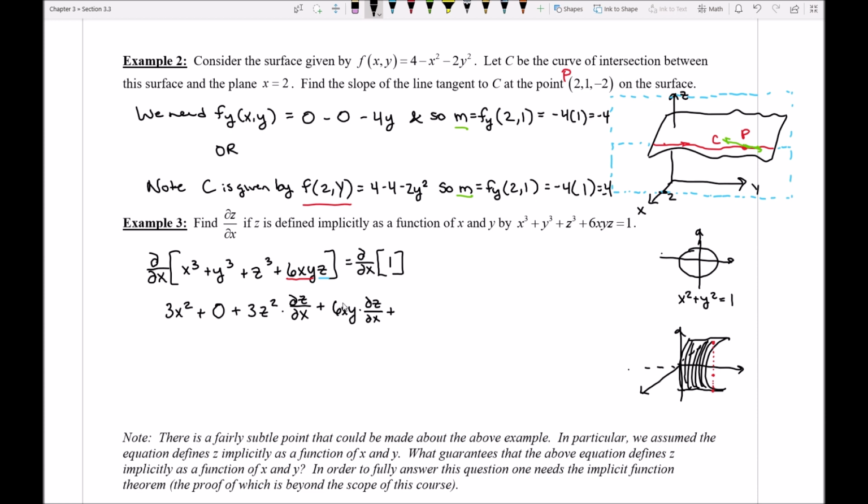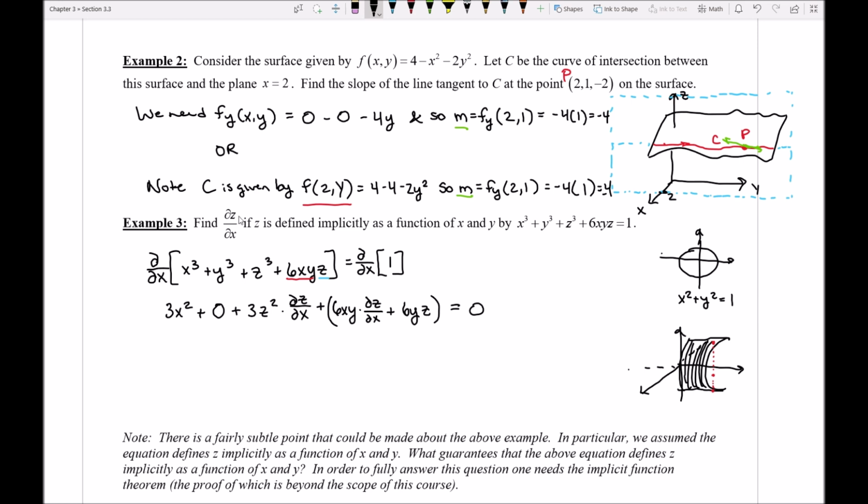And then I would have the derivative of the first part, which would be 6y, because again, y is a number, x is the variable, and then just times z. So you can see here, this is my product rule that's in play there. Now, when I do the partial derivative on the other side, that's going to be super easy. I'm just going to get 0.